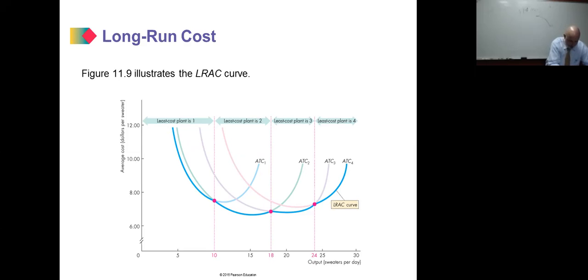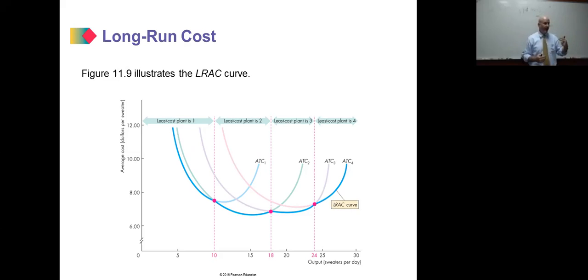Diseconomies of scale. I understand this is a tongue twister, but diseconomies of scale occur if average total cost rises as output increases. So think of it this way: economies of scale, output increasing, cost decreasing. Good state to be in.